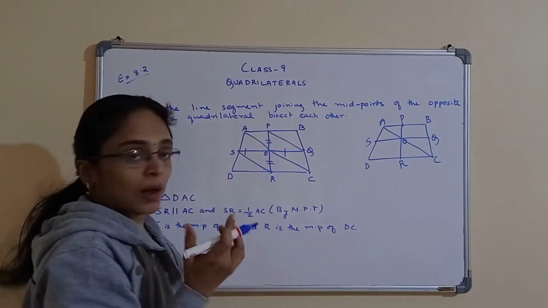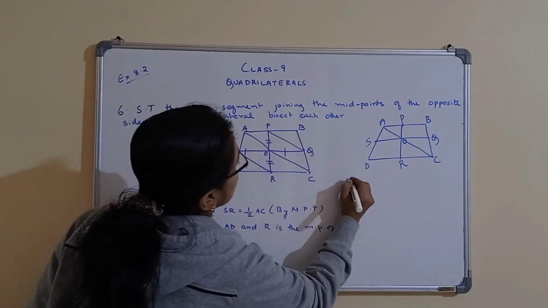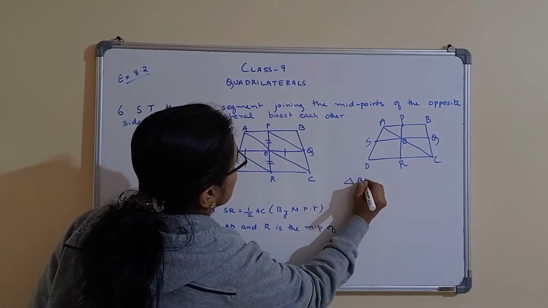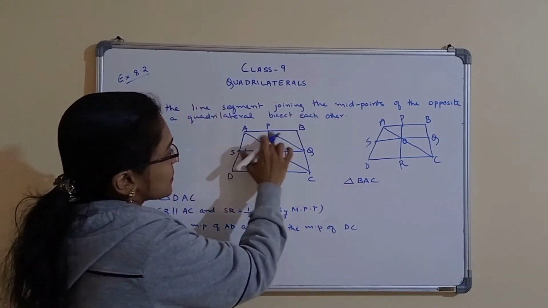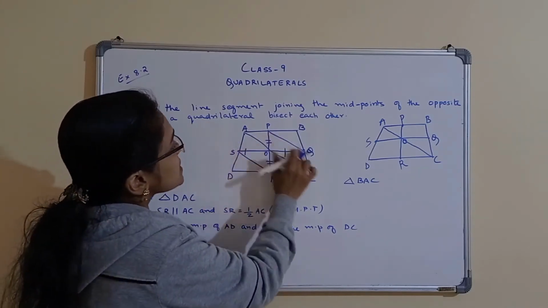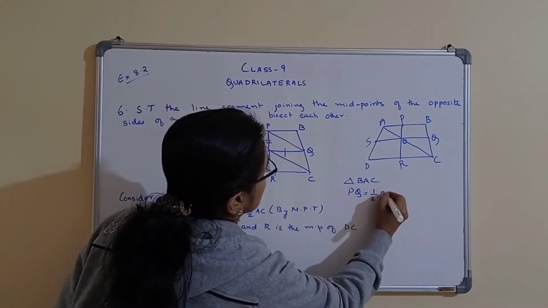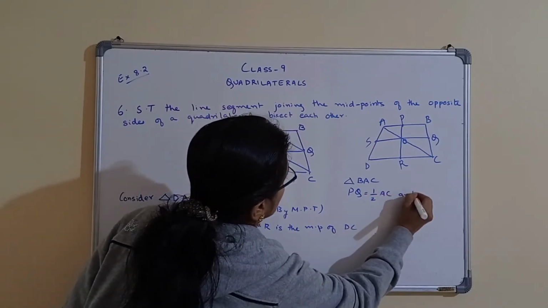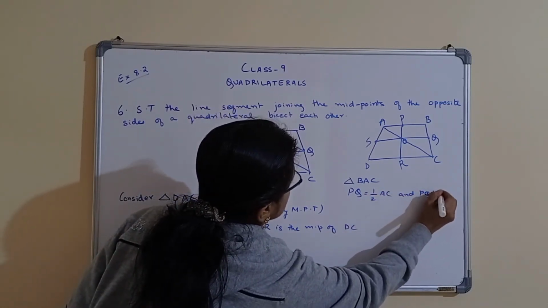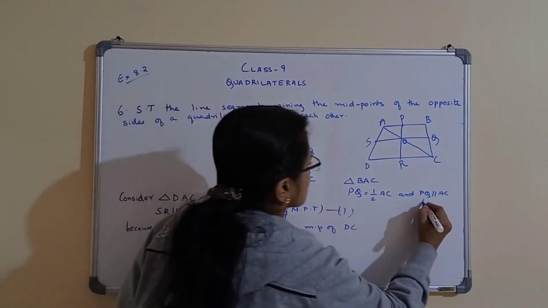Understood? Now take PQ. Taking triangle BAC, P and Q are the midpoints of AB and BC respectively. So PQ is equal to half AC and PQ is parallel to AC. We can take this as 1 and this as 2.